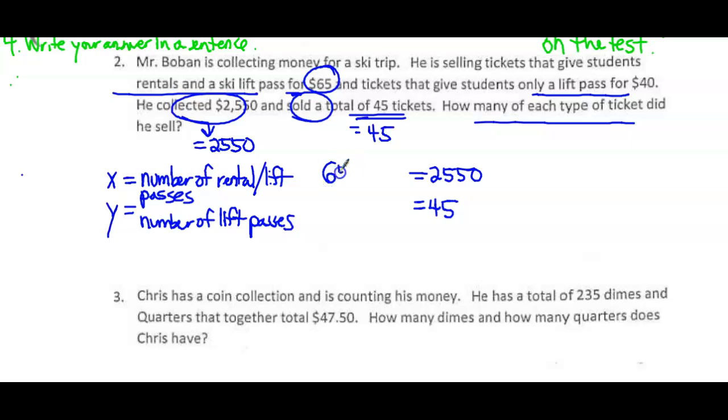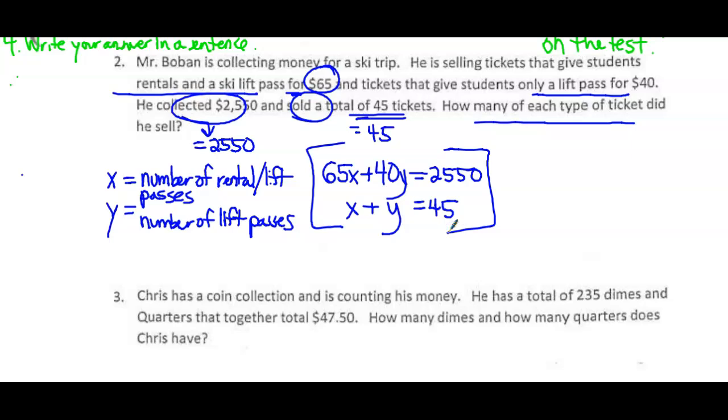So I'm going to put the 65 with X because that's the money times the number of those passes plus 40 times Y, because a lift pass by itself is $40. So one thing I want you to look, 65 is money, 40 is money, and 2,550 is money. So they all were with the same equation. So 45 was just the total ticket, so that is the one that we're going to make X plus Y. So this is your system.